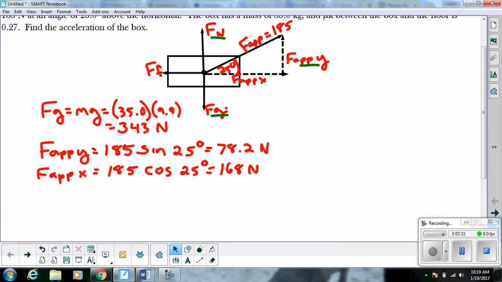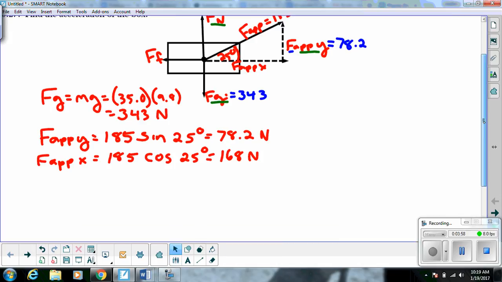So putting these on the diagram, things will start to make sense. Force applied in the y direction, 78.2. Force of gravity is going to be the 343. And I don't know the normal force because it's not perfectly resting on the surface, since I've got this applied force now. My goal is to find the normal force.